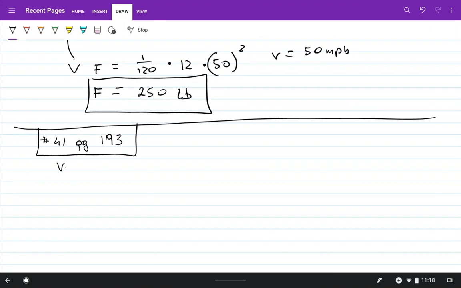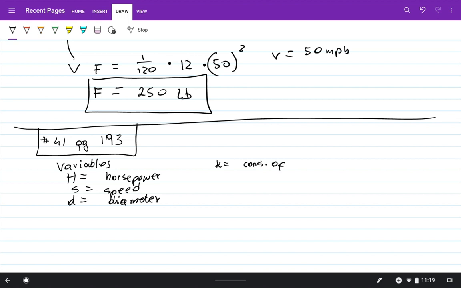So our variables which we have: H will stand for horsepower, S will be speed, and D will be diameter. Okay. And of course, we have the constant of proportionality, and that's not a variable.